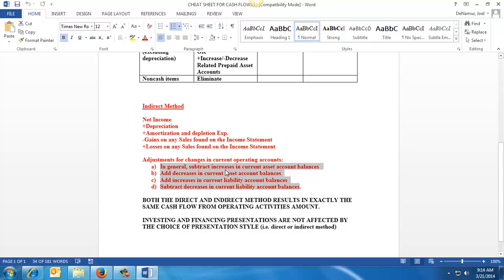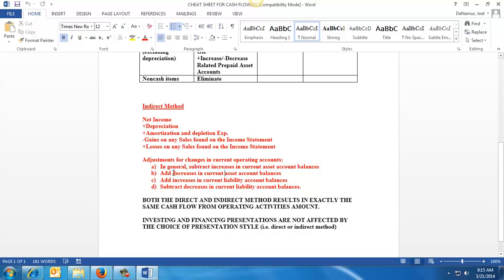For example, if we have current non-cash current assets, things like accounts receivable, inventory, if those accounts have increased, we will subtract that increase. If those assets have decreased, we will add those decreases.